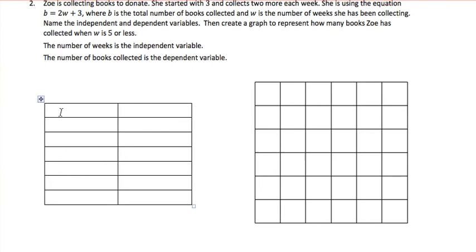In our table, we'll put the number of weeks, our independent variable, first, and the number of books collected as the dependent variable.